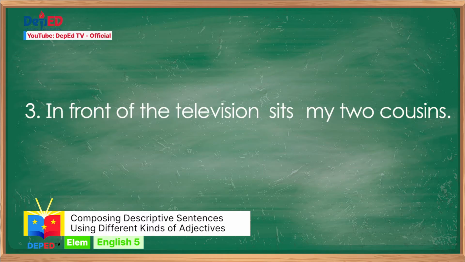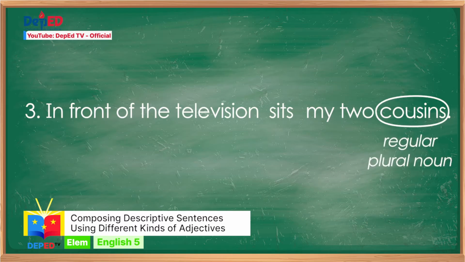Our third sentence is, in front of the television sits my 2 cousins. What are we talking about in the sentence? That's right, the cousins. The suffix s indicates that cousins is a regular plural noun. What details are said about the cousins? Very good. They are in front of the television.